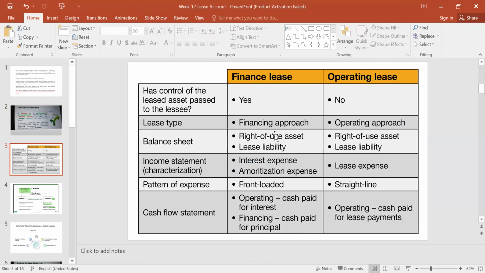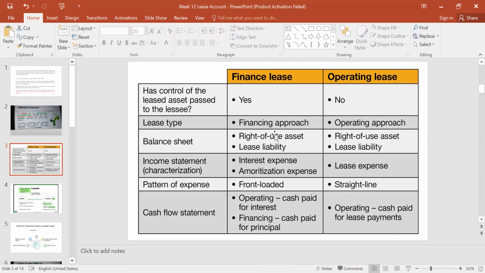There are two types of lease. Number one, finance lease. Number two, operating lease. Operating lease is basically held for a short period of time, and finance lease has a comparatively longer holding time than operating lease, maybe minimum 5 years, maximum depending on the asset or agreement.